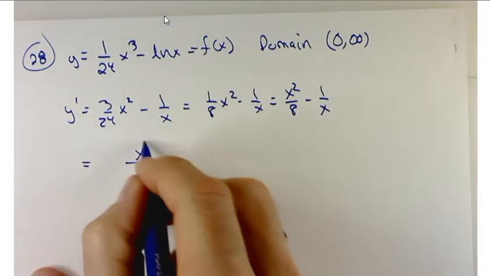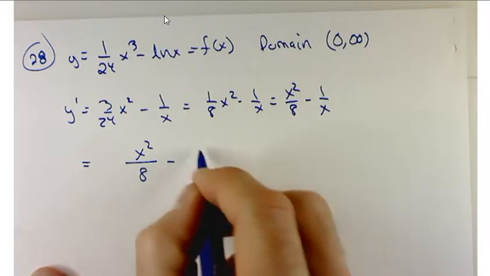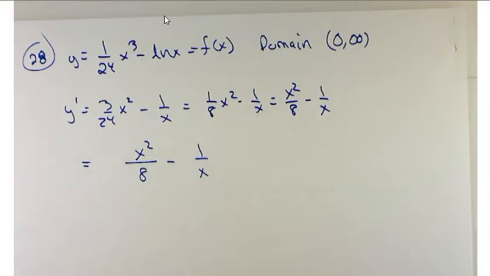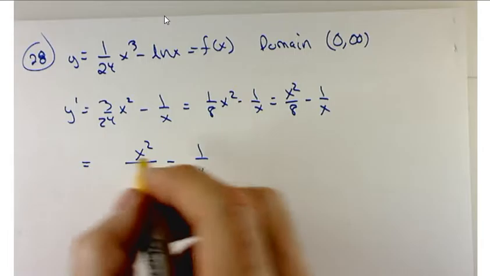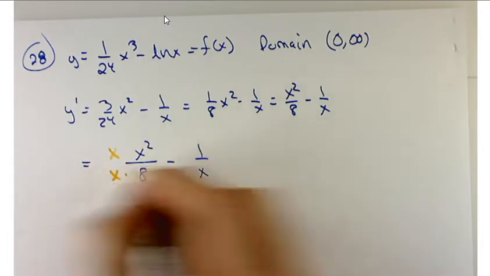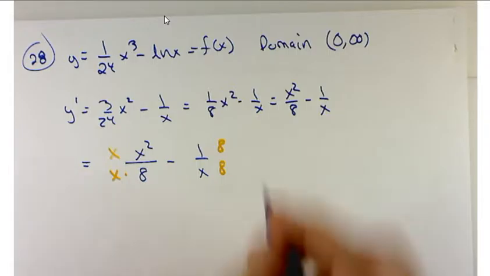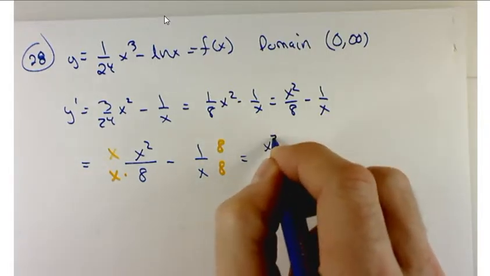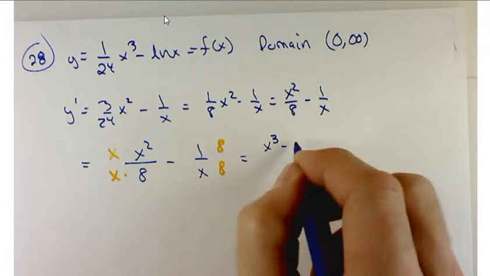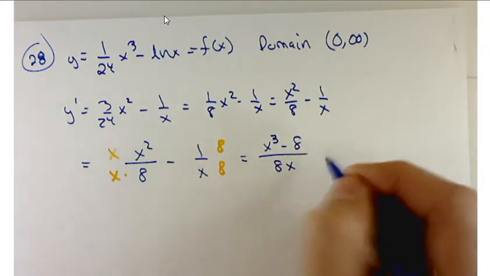What's a common denominator for these two terms? 8x, good. So I'll multiply the first one by x over x, and the second one by 8 over 8. So I get x cubed minus 8 all over 8x.